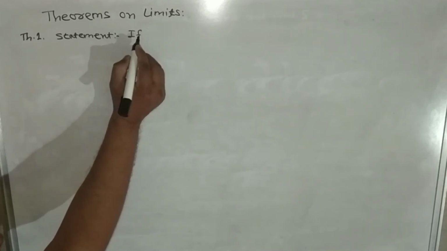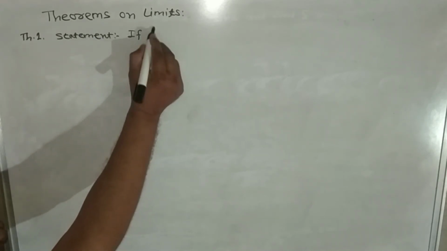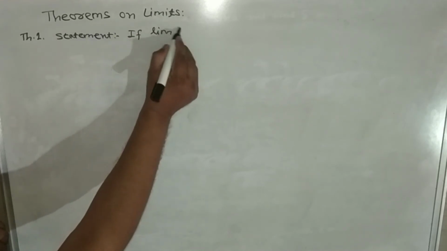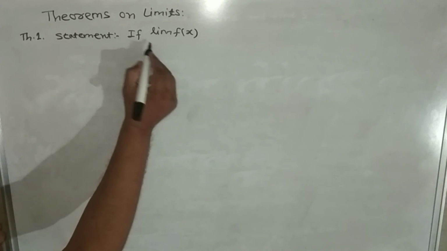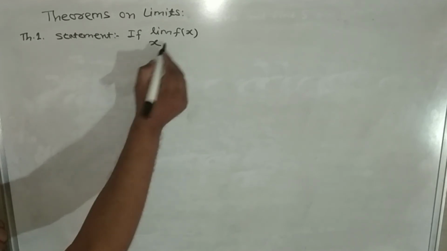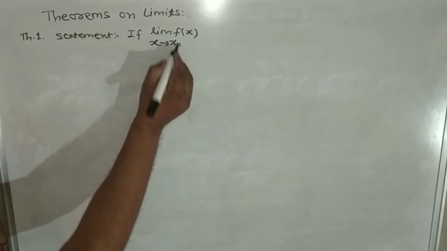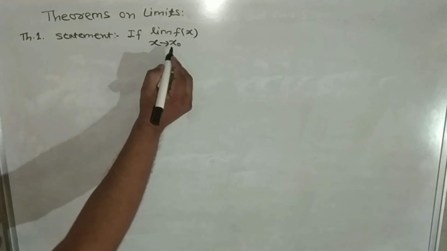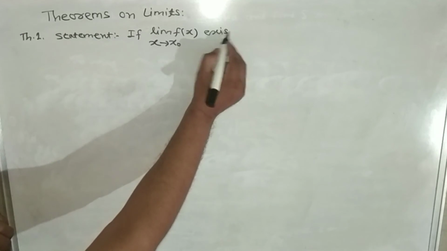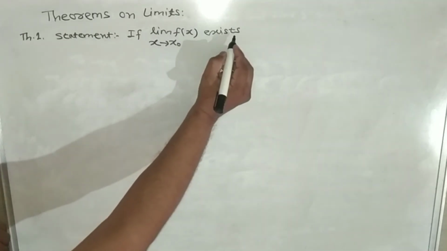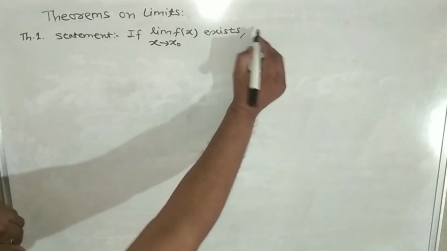if the limit of a function f of x as x tends to x0 exists, then it is unique.